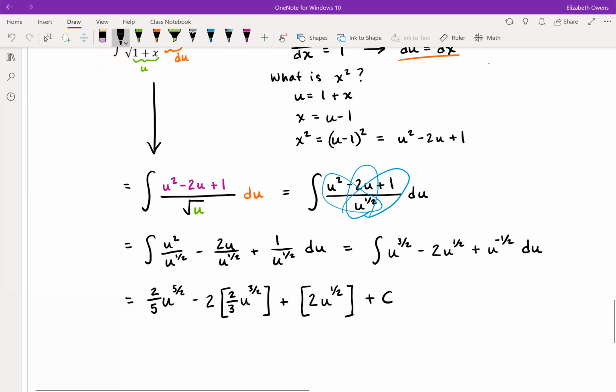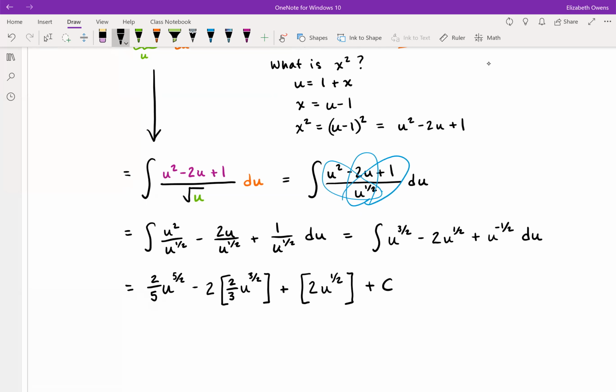Okay, let's clean it up. All right, 2/5 u to the 5/2 minus 4/3 u to the 3/2 plus 2u to the 1/2 plus c.